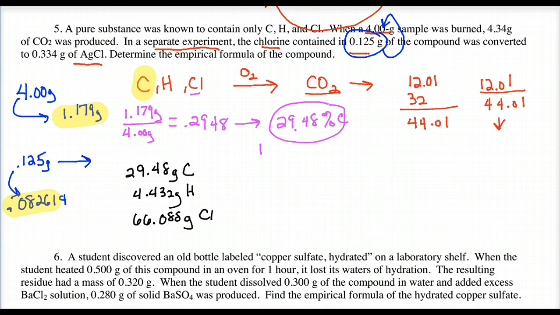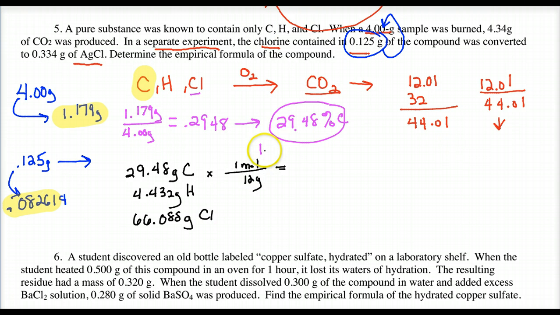Well, let's convert to moles. Carbon, we know that for every 1 mole, we've got 12 grams. I'm not really considering the precision. Bad planning.